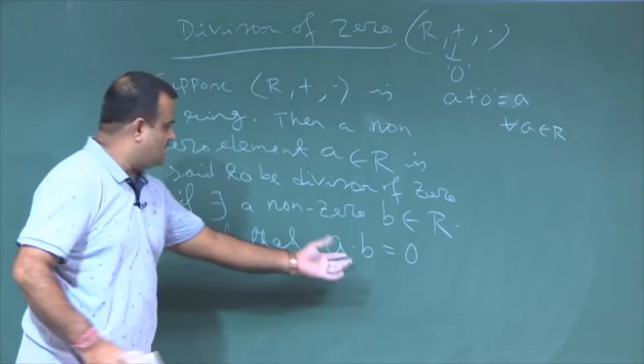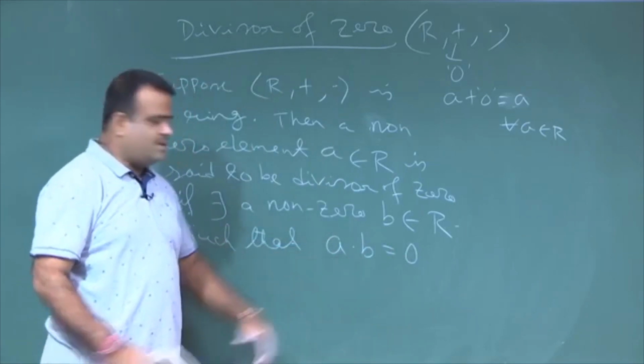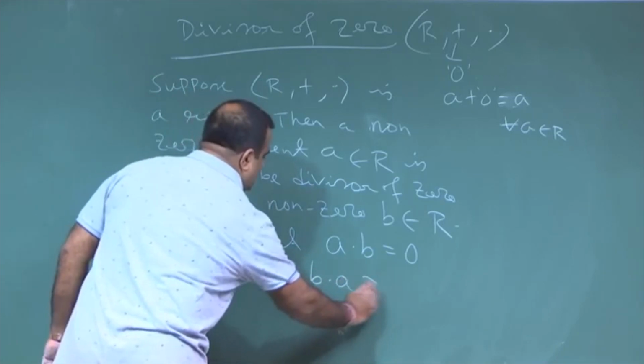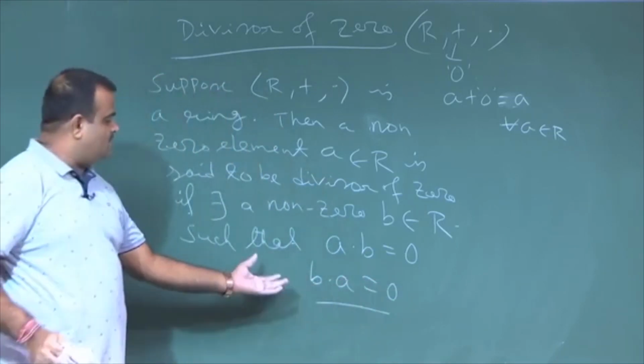This is the right divisor. A dot B is equal to 0 or B dot A is equal to 0, this will be the left divisor.